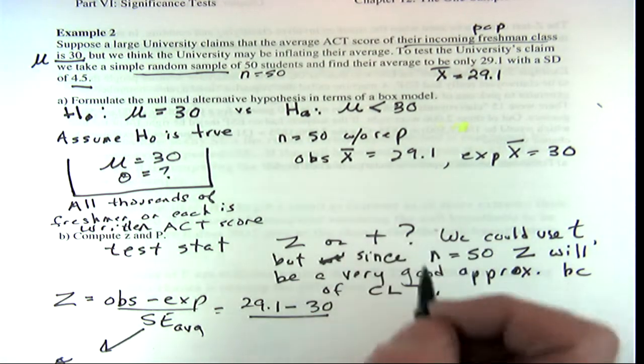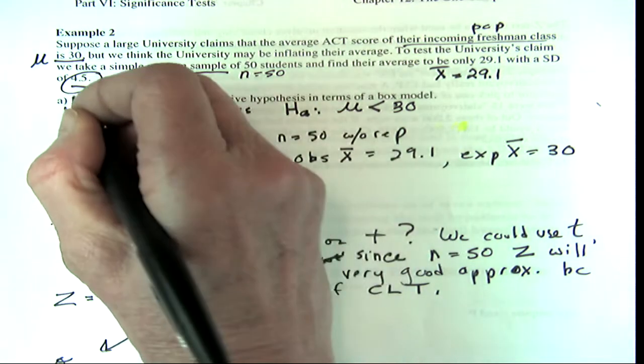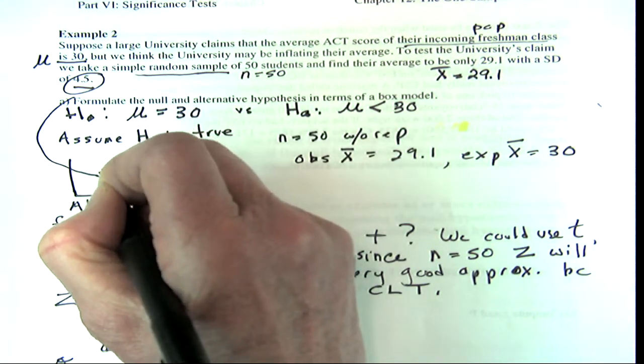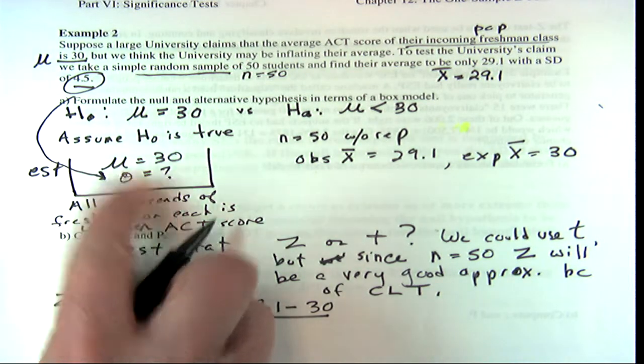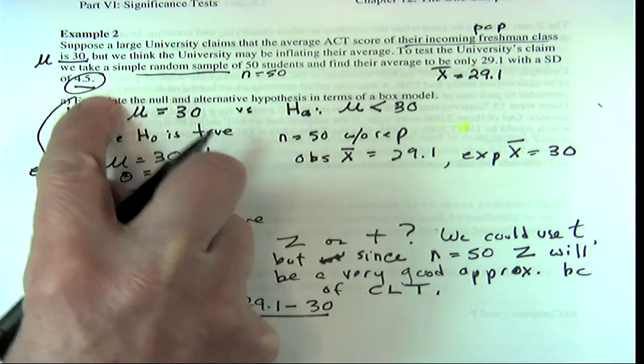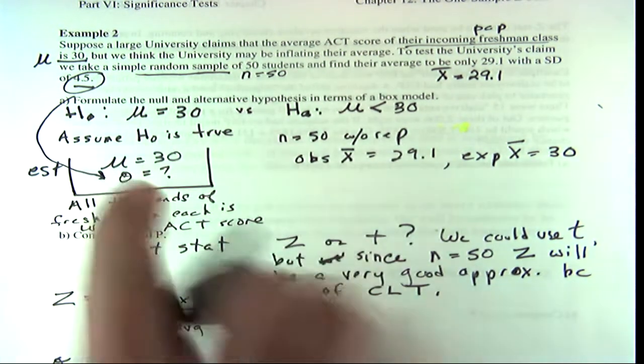We're going to take this 4.5 and use that to estimate without even changing it. It might have already been changed, we haven't even been told. It might have already been SD plus, but if it wasn't, it's fine. It's big enough.